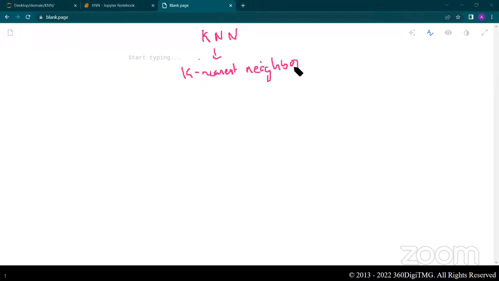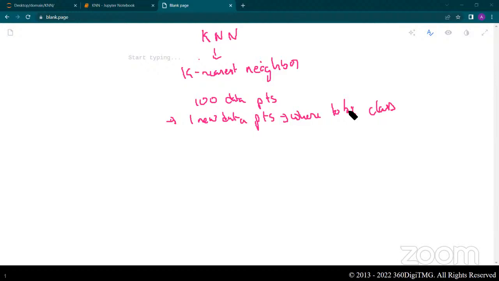Now, in KNN, what we are trying to find is, let's say you have 100 data points and you're given one new data point. Where will this data point be classified based on the existing 100 data points? It will try to find the similarity between the data points.